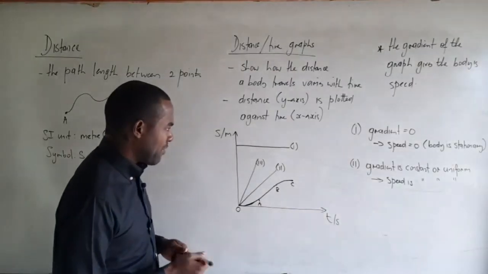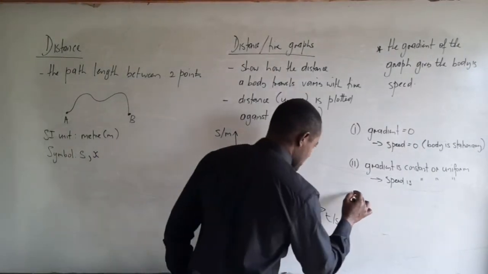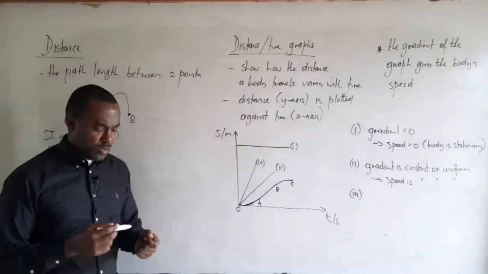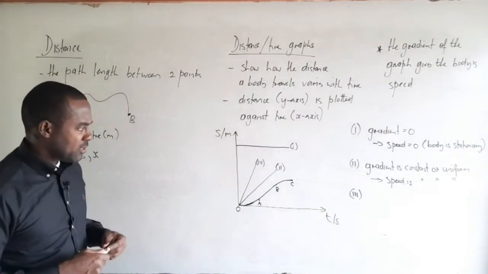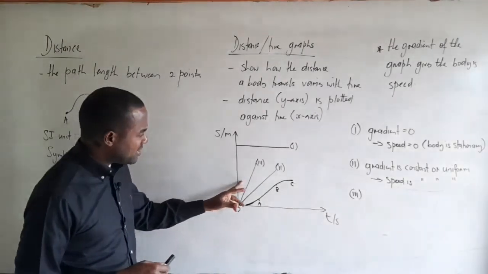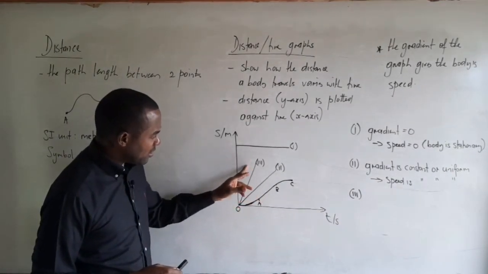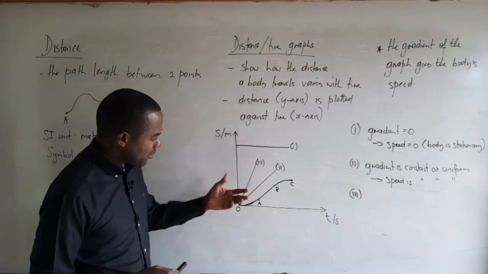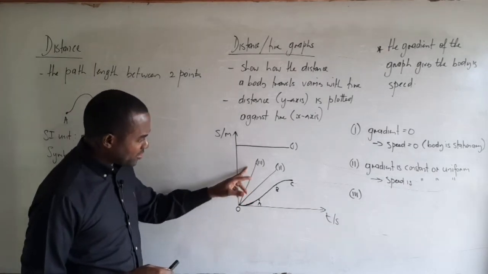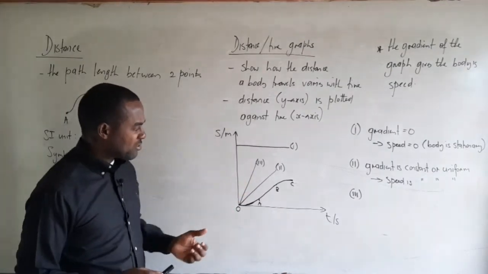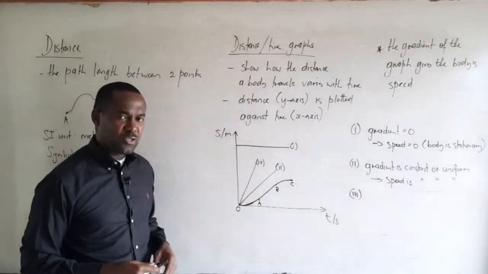Now let's look at graph 3. Graph 3 is also sloping upwards, but this time it has a steeper slope than graph 2. Because it has a steeper slope, which is also uniform, it is also traveling at a constant or uniform speed, but this time at a higher speed than in graph 2, right?